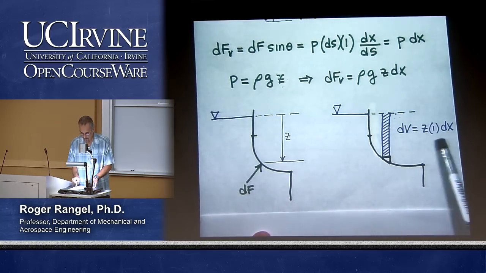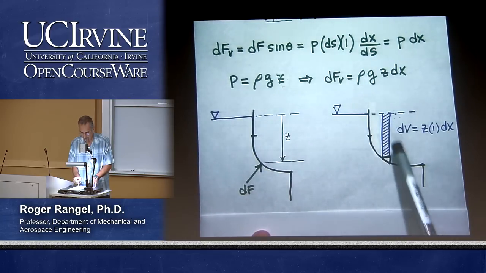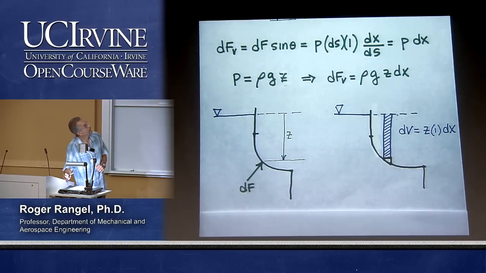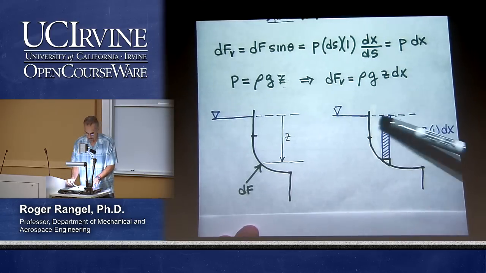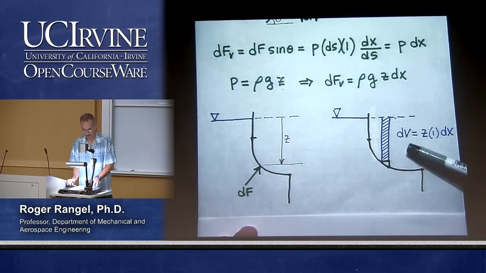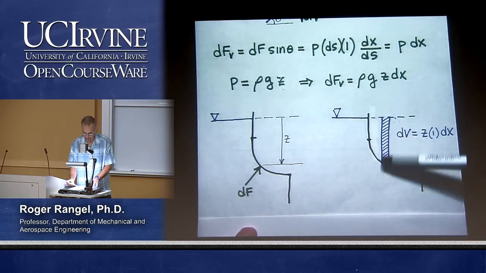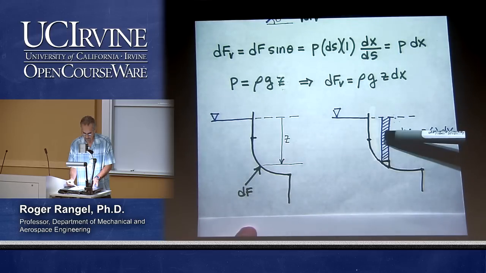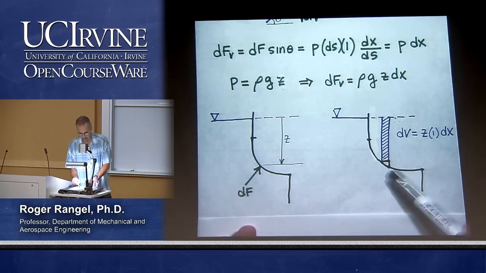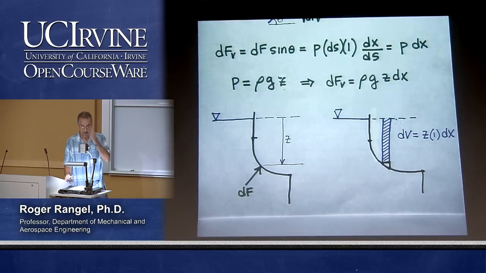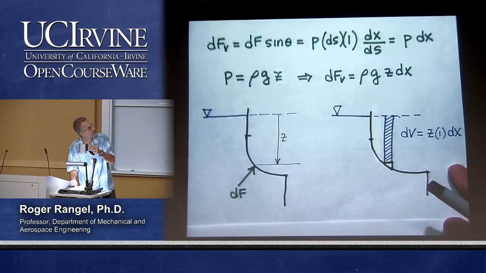So z times 1 times dx is nothing but the volume that I have shaded here in blue on the right-hand figure. That is really the differential volume of liquid sitting on top of my differential surface.